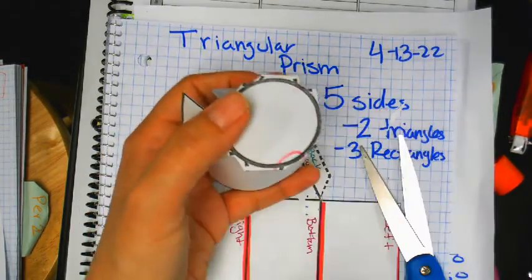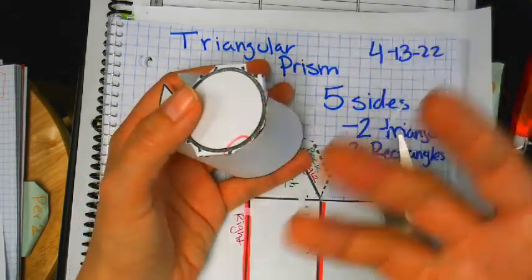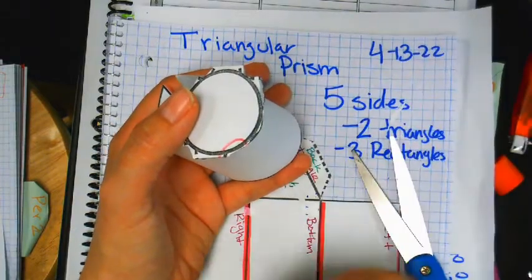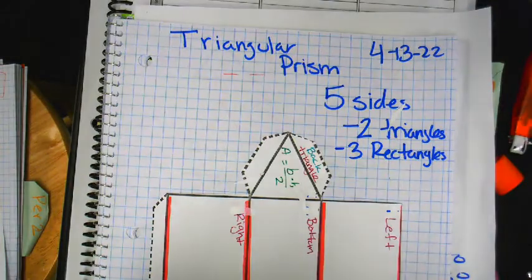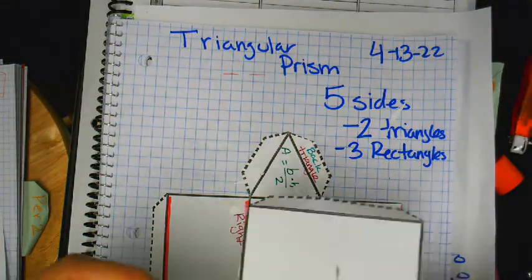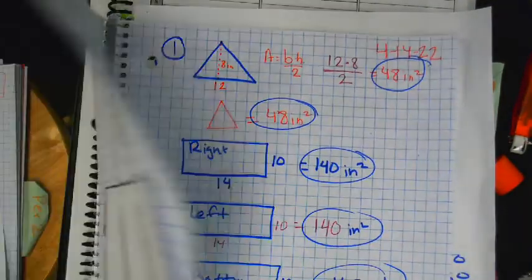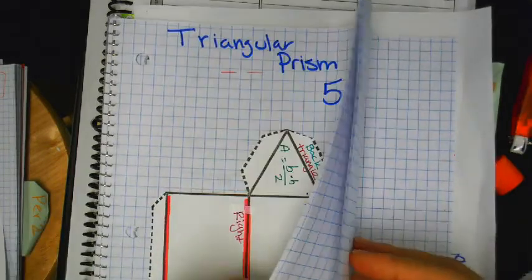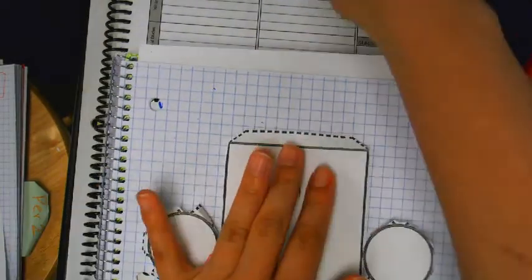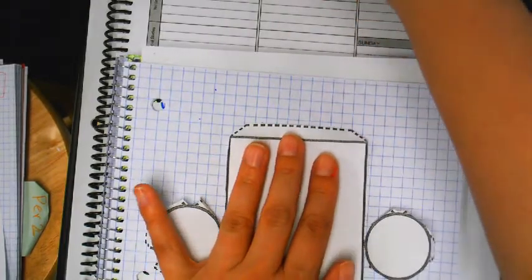So again, do I really need to build it and glue it together? No. Right? Can you find a nice clean sheet in your notebook to... I'm going to leave some space on the top for my title for tomorrow.